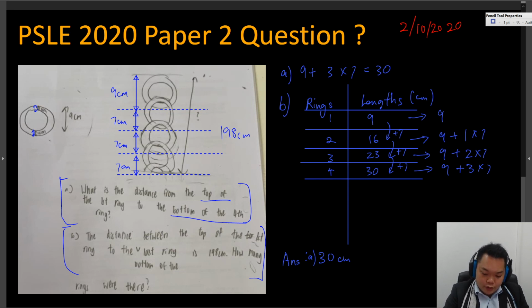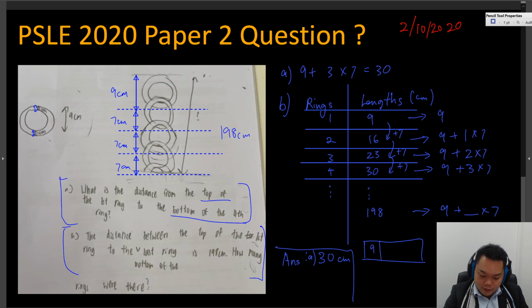So now, when you go all the way down until you have a length of 198, we can say that this 198 is formed by 9 plus something times 7. Okay? And to find this out, you can draw a little part-whole model here.